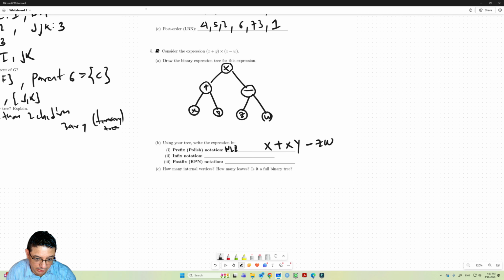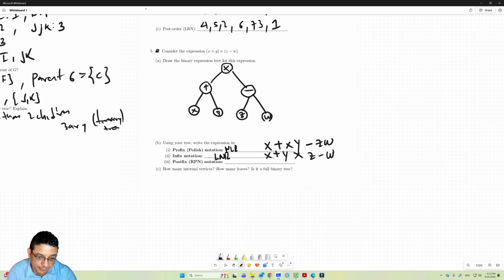If instead we use the infix notation, which is equivalent to the LNR traversal, then we go first with x, then the operation, which is the plus, then y, then the root node, which is the times, then we go with c, and then the minus, which is the operation between this and w.